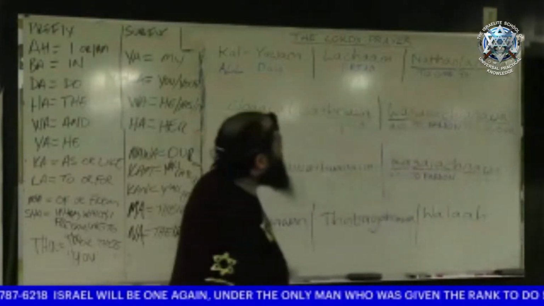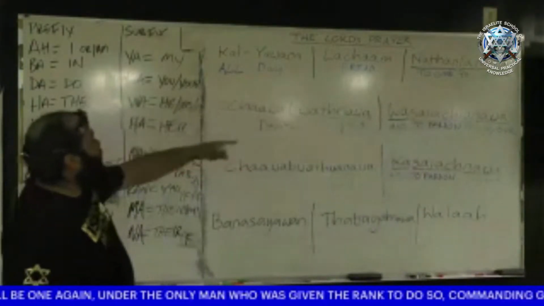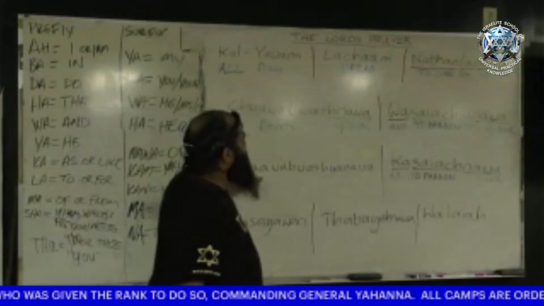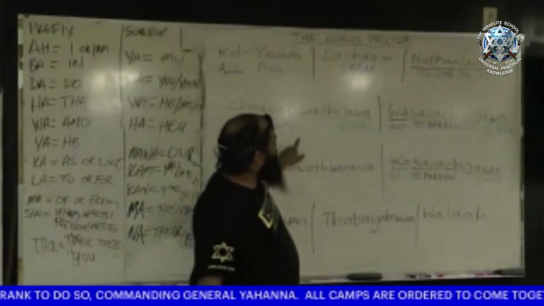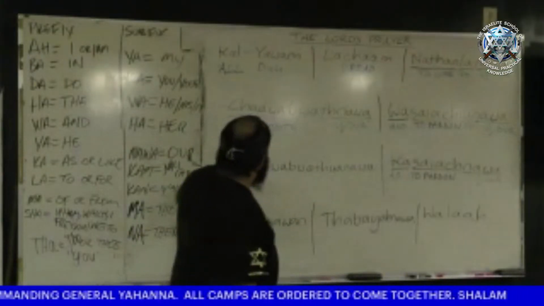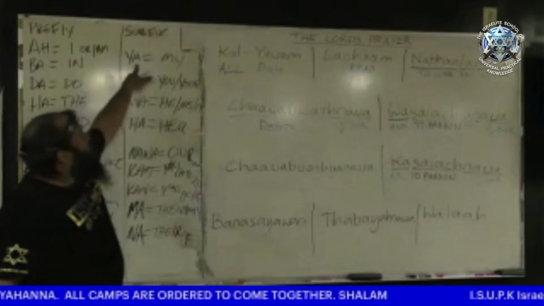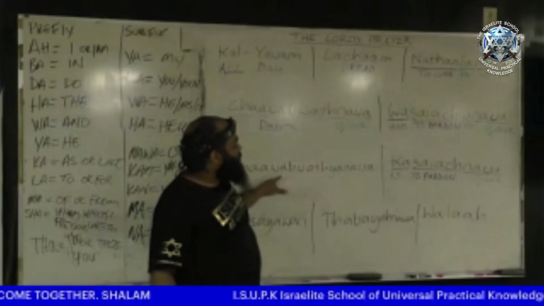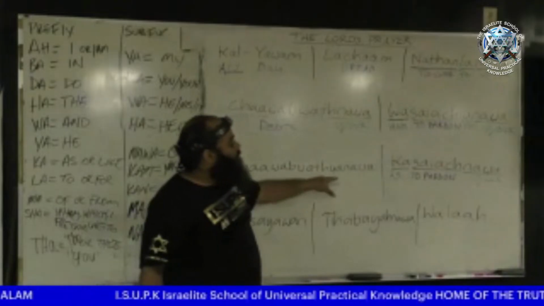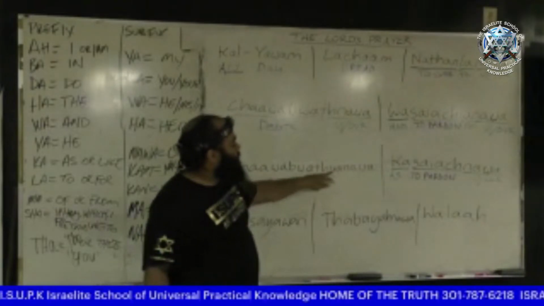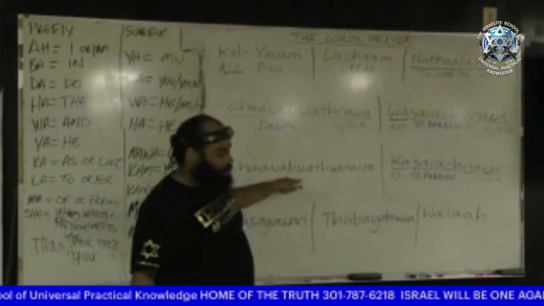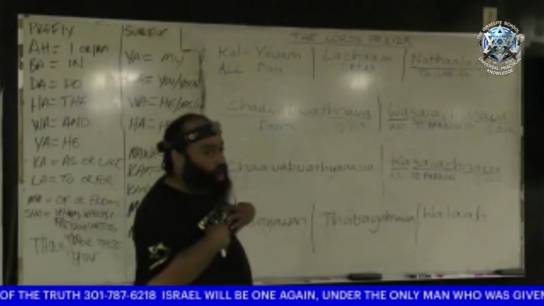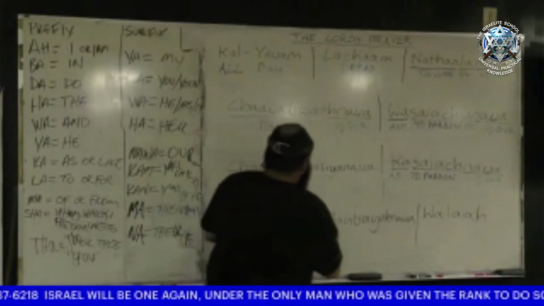So we have give us bread all day and forgive us our debts as we forgive kawawathyanawa. This ya is the same word as this, but it has this ya. And this ya right here, it says my. It's the suffix my. So it will be debts, but my debts, the possessive. My debts would mean a debtor. And then this at the end will mean our debtors.